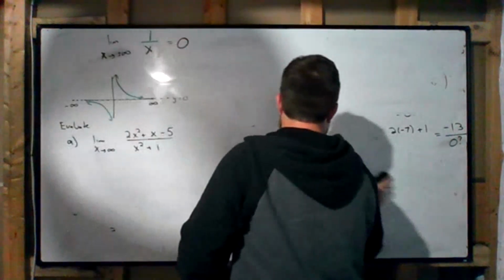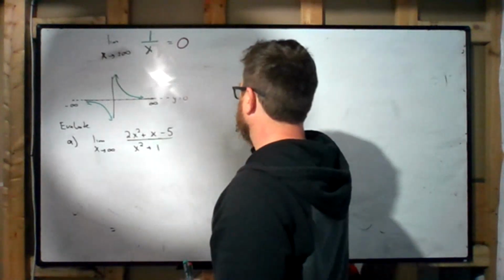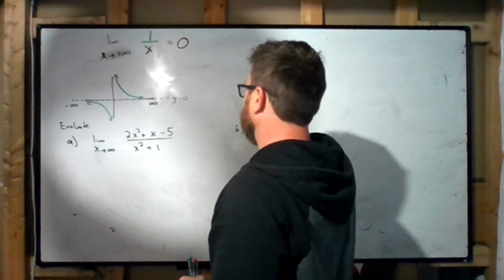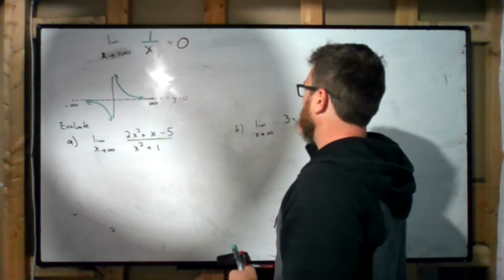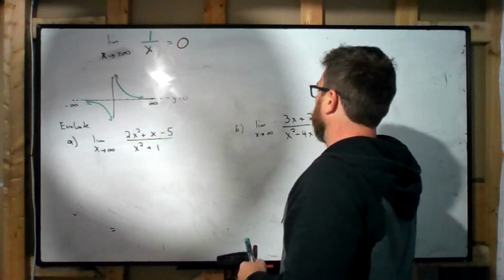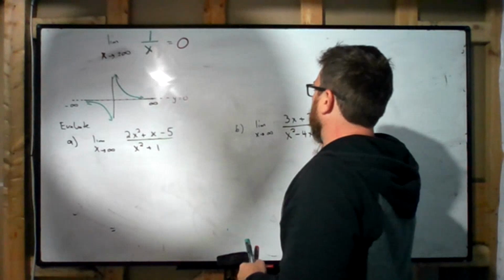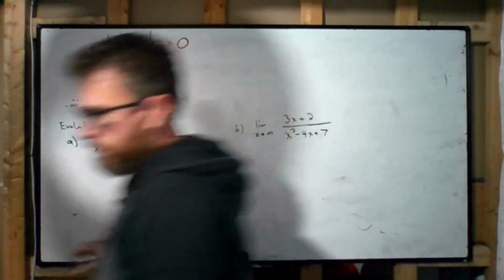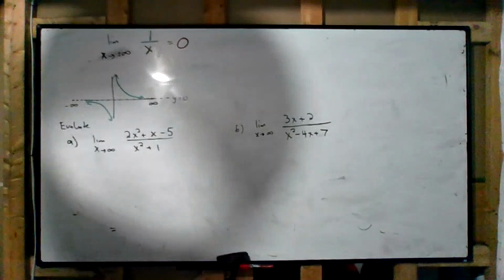So how we do these asymptotes as x goes to infinity is we multiply top and bottom by 1, taking advantage of the expression that has the highest power. So we're looking for the leading power.